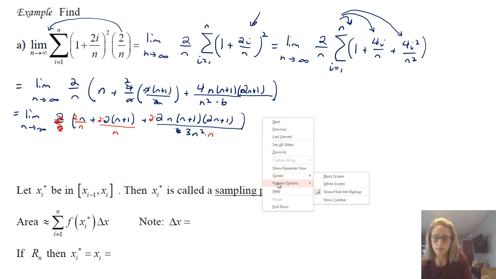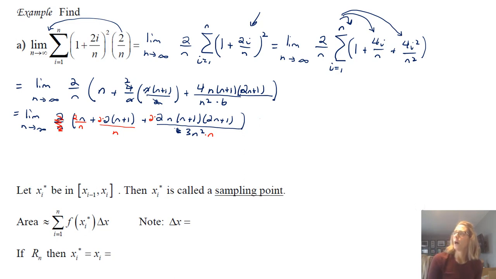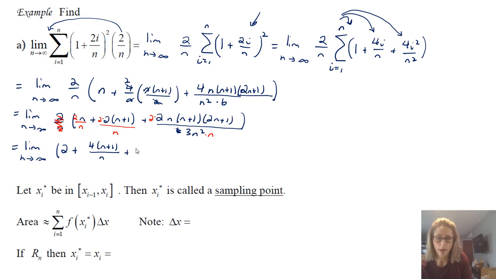And the point is to see that this brings up stuff that we talked about in section 3.4 when we talked about limits to infinity, because that's what we're really taking here, a limit as n goes to infinity. So you end up with 2 plus, and then you have 4 times n plus 1 over n, and then 4 times n plus 1 times 2n plus 1 all over 3n cubed.